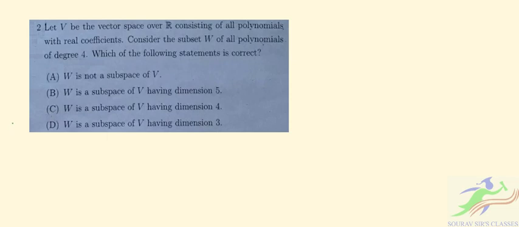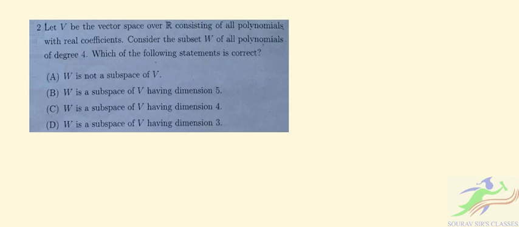Now next is question number 2. Let V be a vector space over R consisting of all polynomials with real coefficients. Now consider the subset W of all polynomials of degree 4. Which of the following statements is correct?